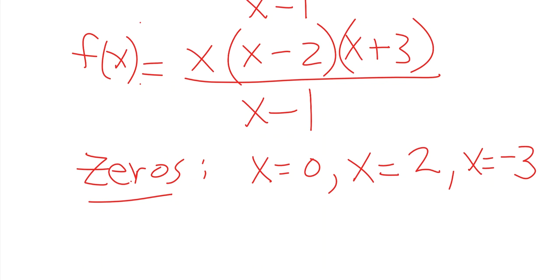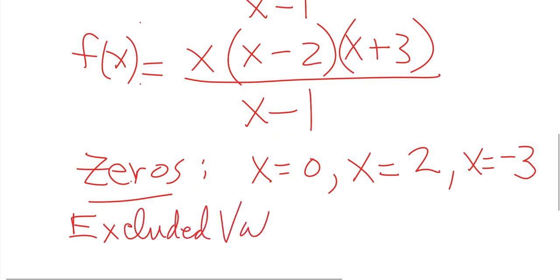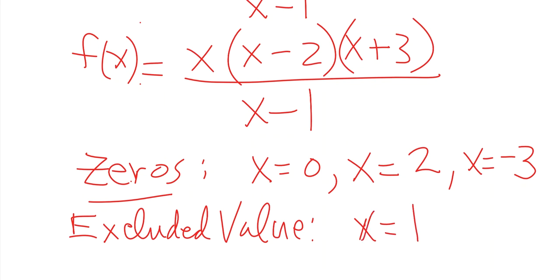So there's my zeros, and the excluded value is the thing that will give 0 in the denominator. The excluded value will be x equal to 1.